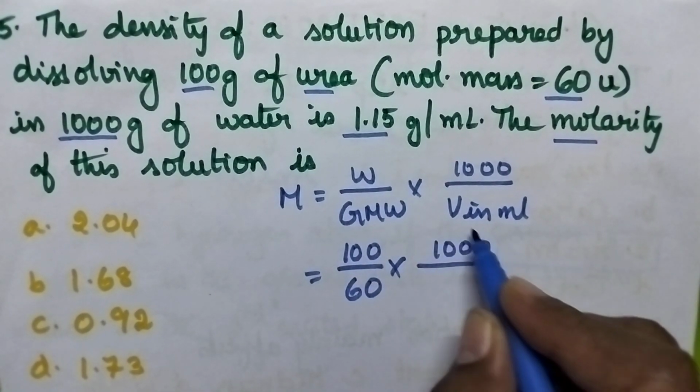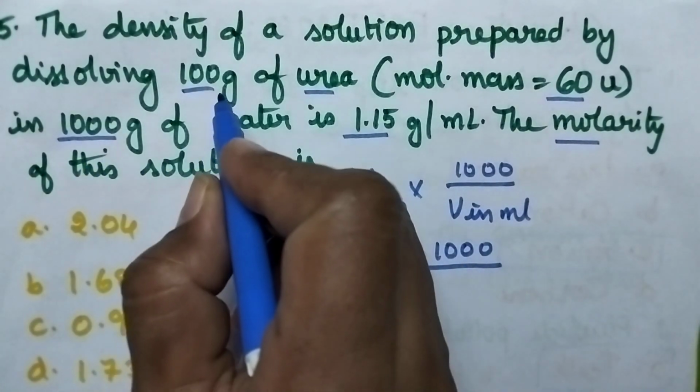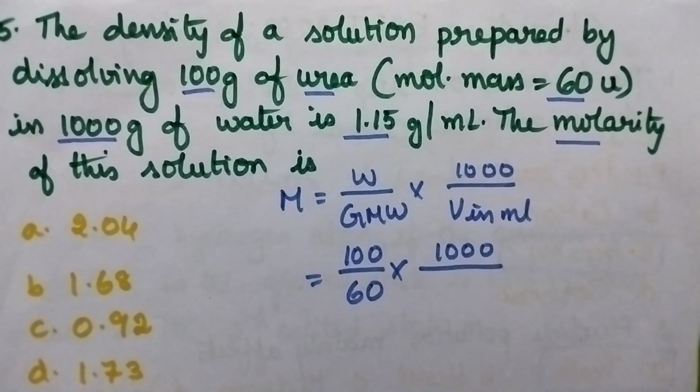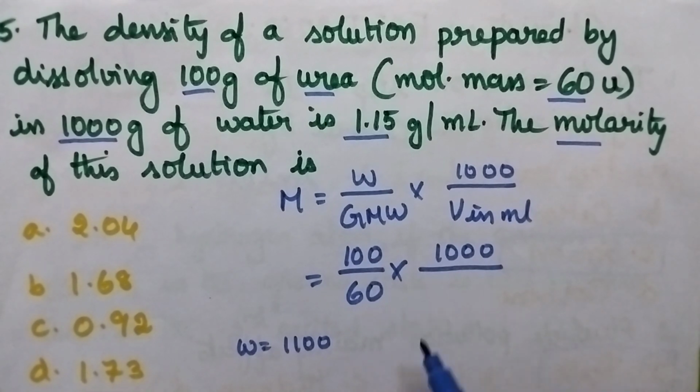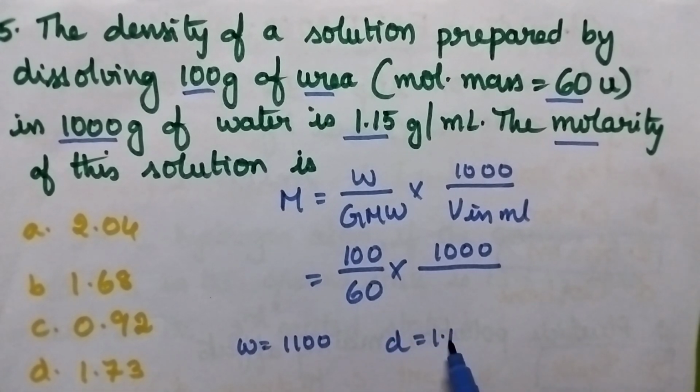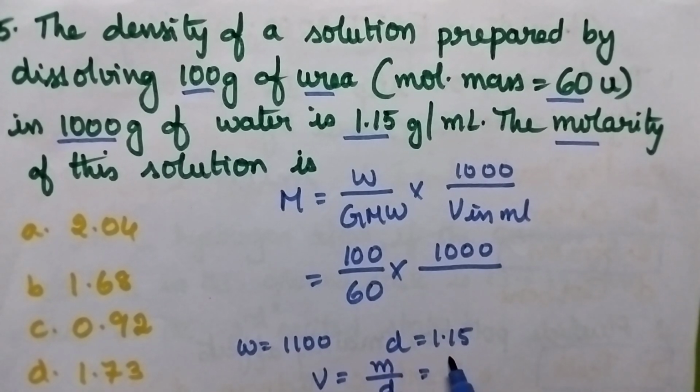Into 1000 by what is the volume of the solution? Here 100 grams of urea is dissolved in 1000 grams of water, so the total weight is 1100 grams and the density is given, that is 1.15. The volume of the solution can be obtained by dividing the mass by the density, that is 1100 divided by 1.15.